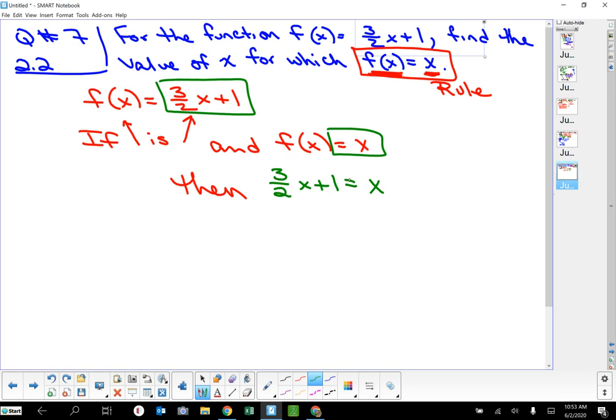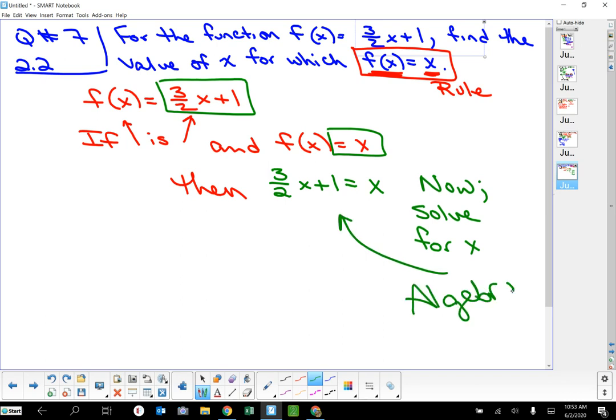So the function equals x. And now manipulate it and solve for x. I'm not going to do that on this problem. That is algebra 1, right? The harder part, understanding what these rules are saying up here, is the algebra 2 part.